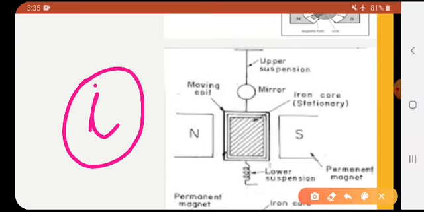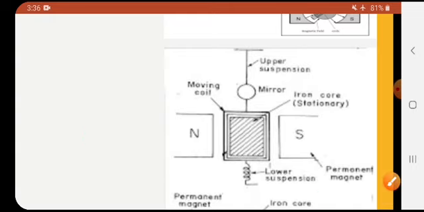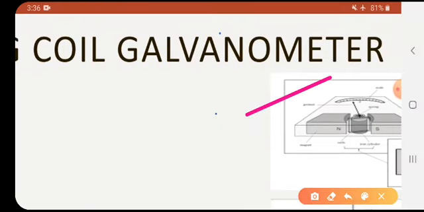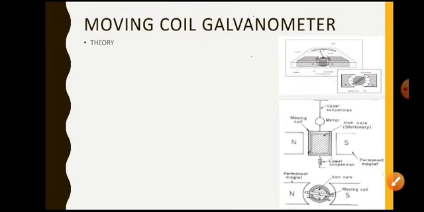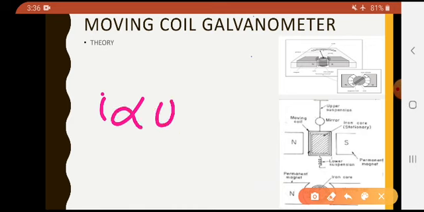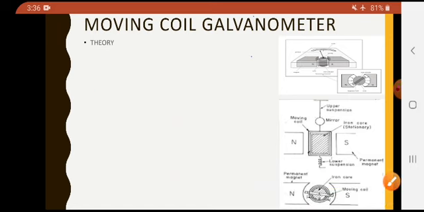Here I is directly proportional to theta. Therefore, if the deflection is more, the current will be more. If the current is decreased, automatically the deflection will be less. So this is the working of a moving coil galvanometer.